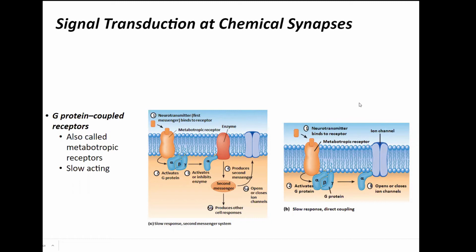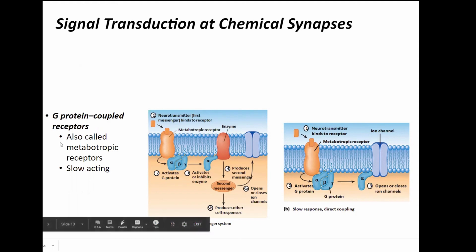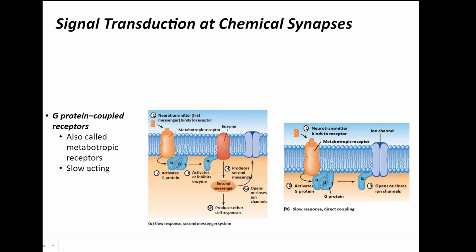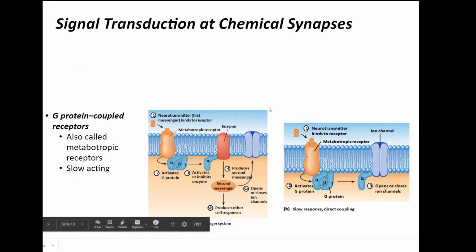Because I know some of you covered G protein coupled receptors in the past, but I'm not sure all of you have. Okay. So our key takeaways should be: we call these metabotropic receptors, they involve a G protein, and they're slow. If we see a second messenger, we're talking about these metabotropic receptors.